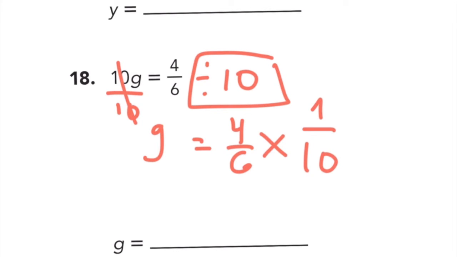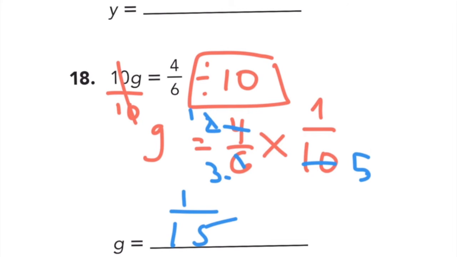You could have simplified it a couple different ways, but I'm going to do it this way. Let me divide by 2. I could divide again right here, 3 and 1, and your answer is going to be 1 over 3 times 5, which is 15. So 1 over 15 is going to be your answer.